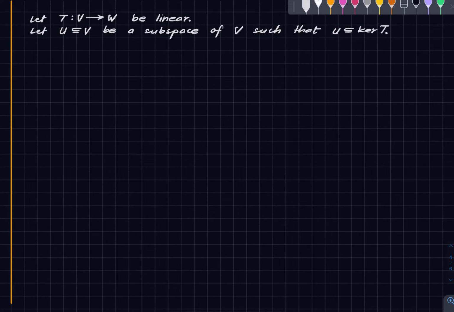Okay, U is contained in the kernel of T. Then the cosets of U, each coset of U is contained in some coset of the kernel. So let me write that thing down. So note that each coset of U is contained in some coset of the kernel, kernel of T, of course.